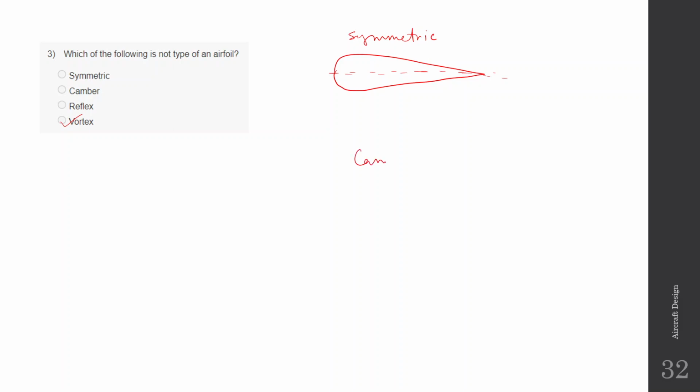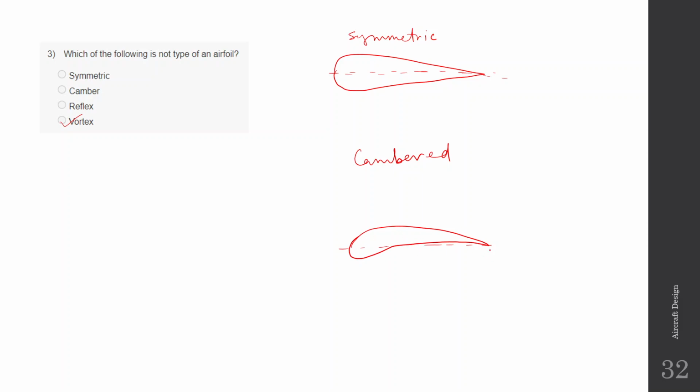Then you have cambered aerofoils. Cambered aerofoils means that it is bent above the chord line, like this.